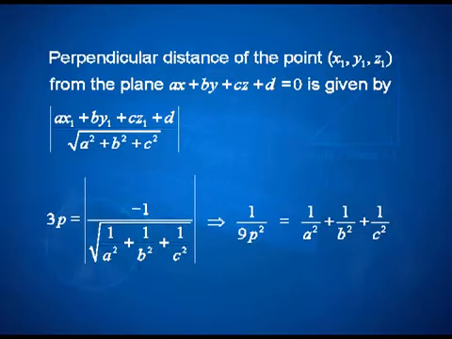So, if you apply the formula to the plane x by a plus y by b plus z by c minus 1 equal to 0 and replace x1, y1, z1 with the origin (0, 0, 0), you get this result. From here, if I just square both the sides and take the reciprocal, I get 1 by 9 p square is equal to 1 by a squared plus 1 by b square plus 1 by c square.